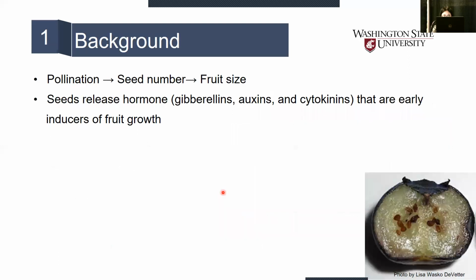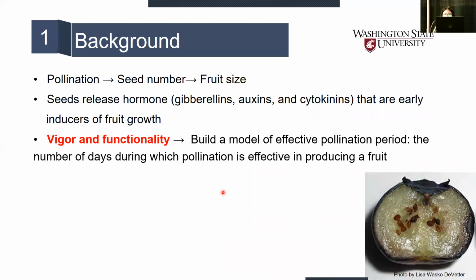And usually, a successful pollination and fertilization will result in a seed. And the number of seeds is to some degree related to fruit size, because seeds release hormones that are early inducers of fruit growth. And this ability is related to pollen vigor and functionality.